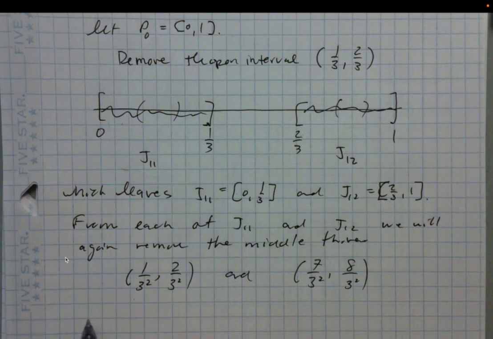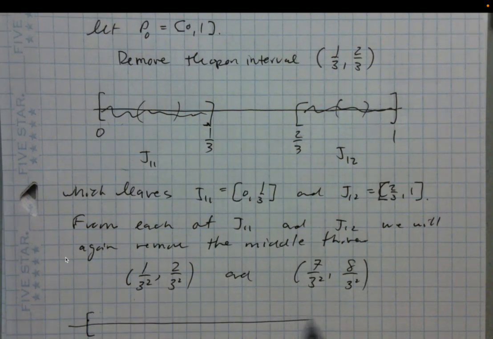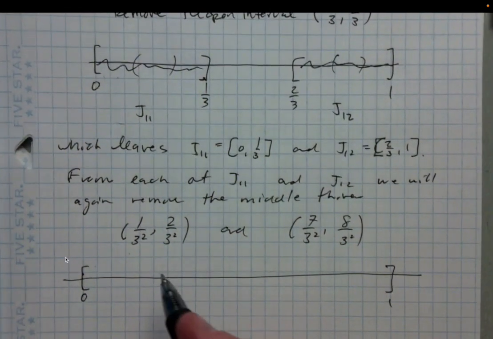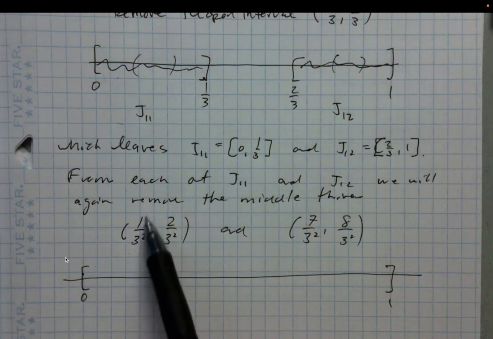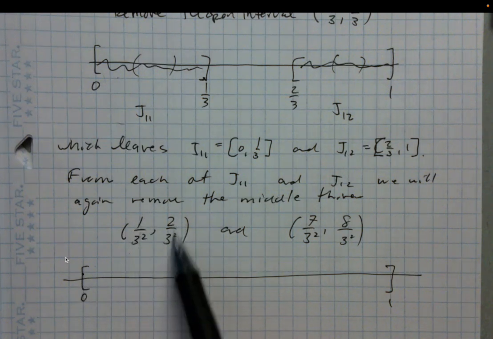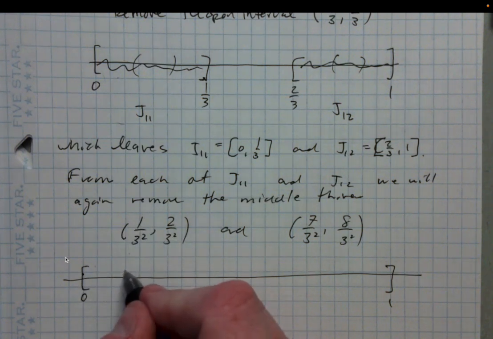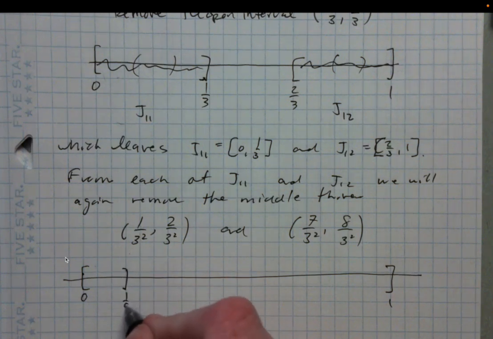Let me try to draw the same picture here. I've got my zero here, heading over to 1 there. Now I'm removing 1/9 to 2/9, and so this is going to look more like this.